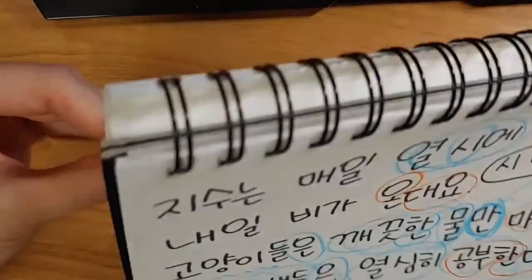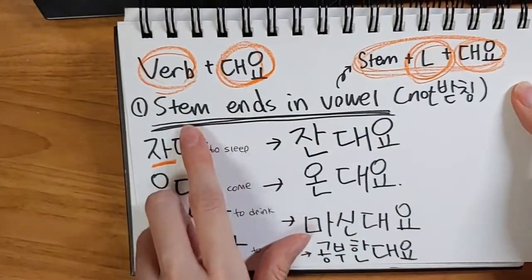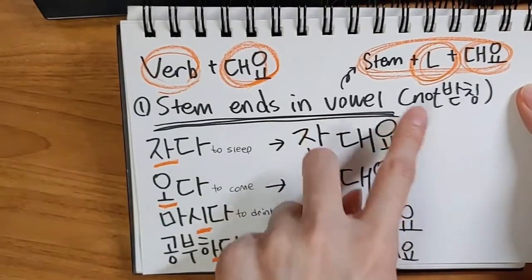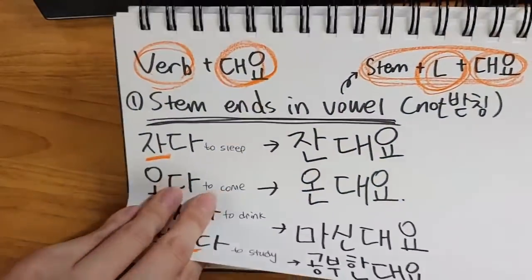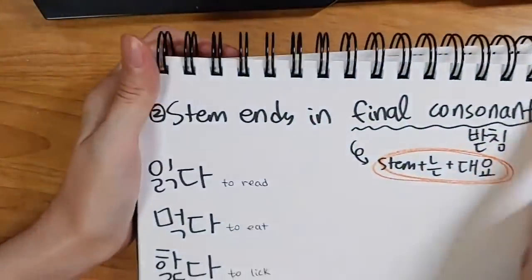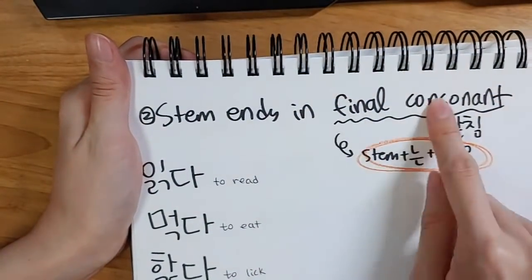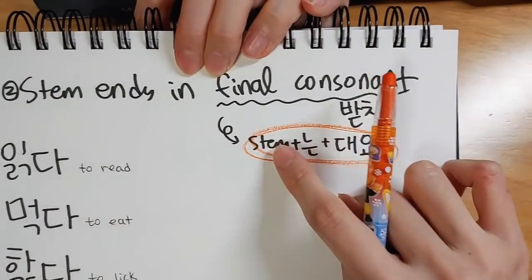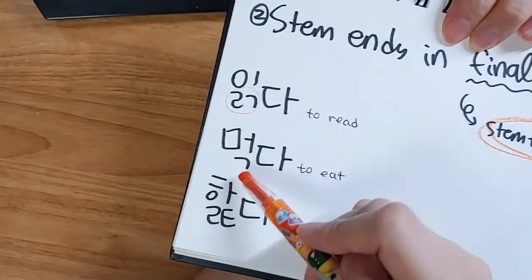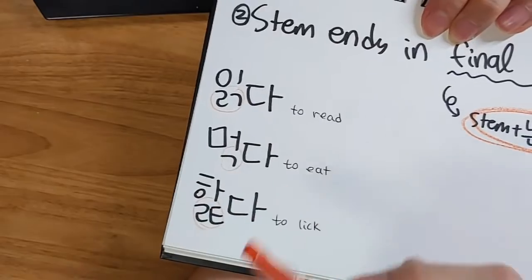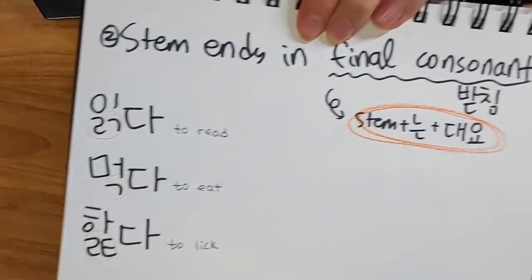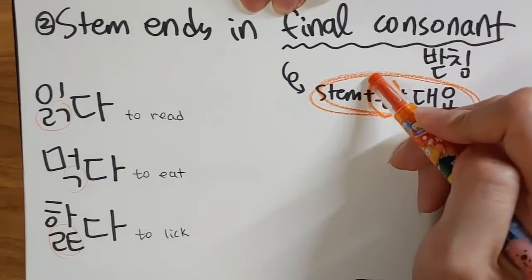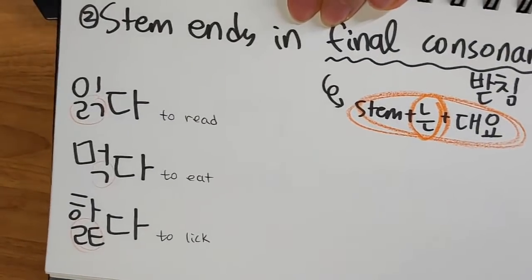And so that was the verbs without the final consonant, right? The stem that ends in a vowel, not 받침. But when it comes to verbs whose stem ends in a final consonant, the 받침, the suffix that you should put is not 니은 받침, because it already has 받침, right? So you don't need any more 받침 to fill it in. So you can just put extra 는 instead in that case.